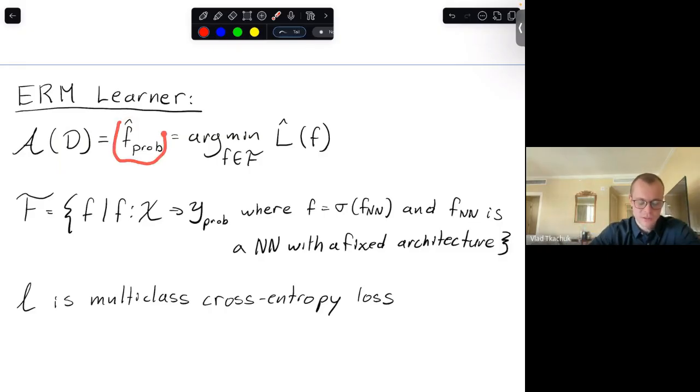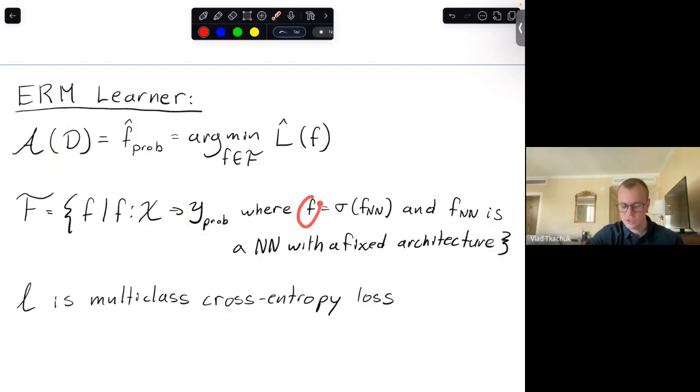So you have this probability, and that's just going to be the minimum function in your function class, which we'll define in a moment, that minimizes the empirical risk. Everything as we've seen. Your function class is now going to be functions that map input sequences, which are encoded as these big vectors, into giant probability vectors over k tokens.